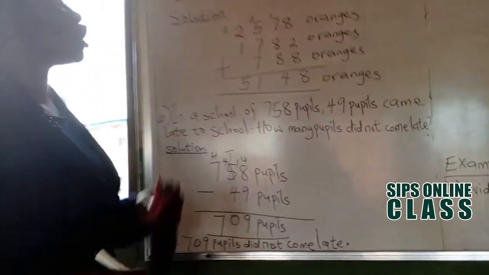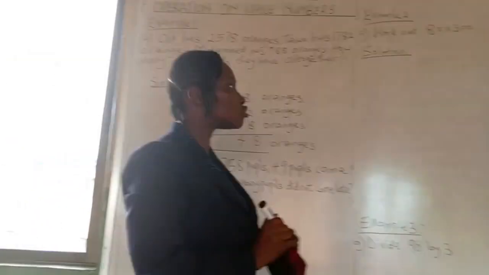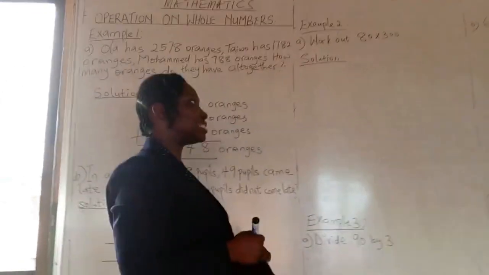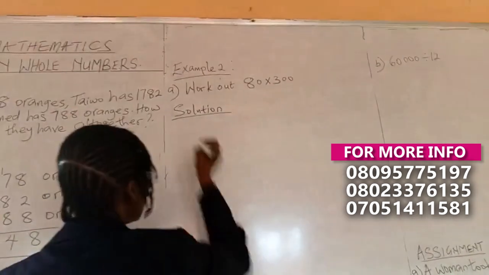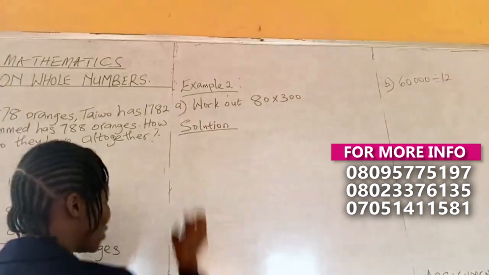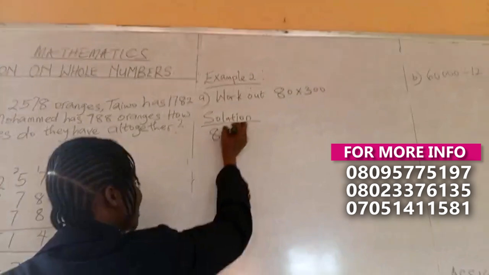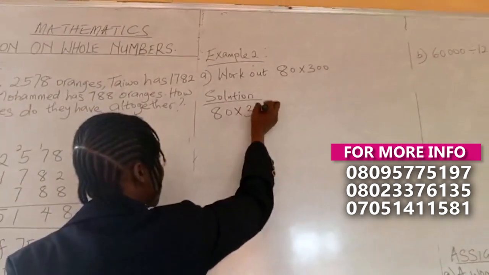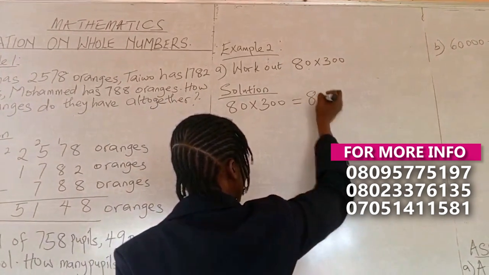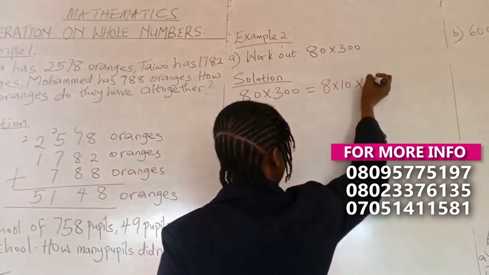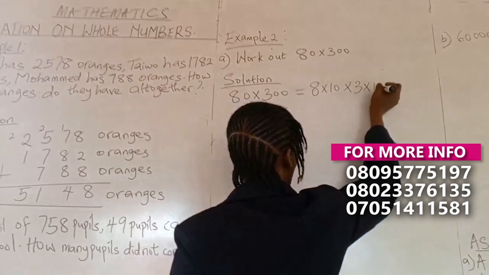Okay, so moving on to example 2. We have worked out 80 multiplied by 300. That is on multiplication. So to solve this is very simple. All right, so you write your 80 multiplied by 300. Then of course you can write 80 as 8 times 10 and 300 as 3 times 100.